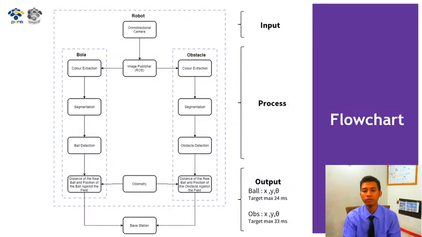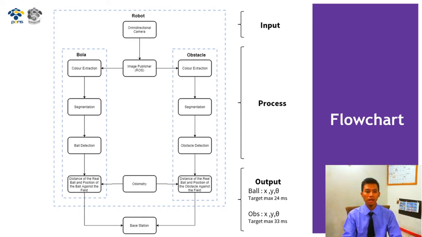And then this is the flowchart of my research. The omnidirectional camera is used as input and sent into the image publisher in ROS, and then divided into two programs: ball detection and obstacle detection.